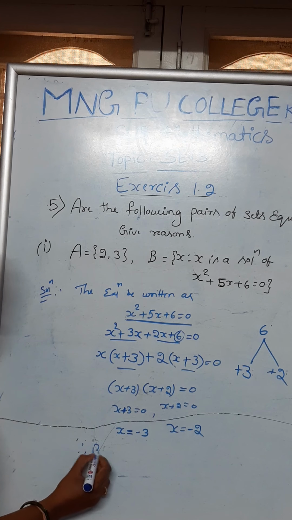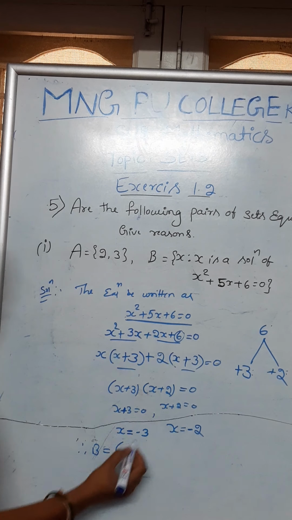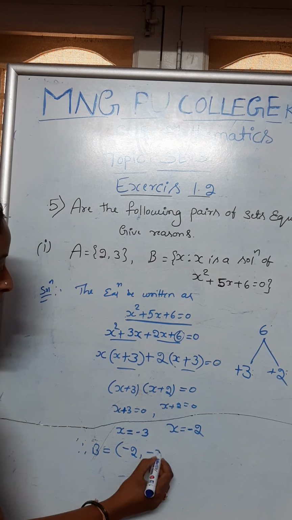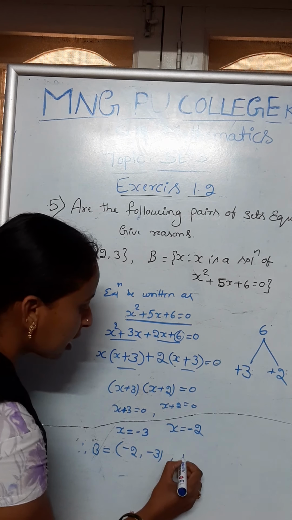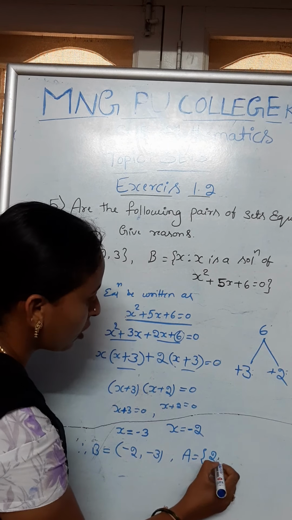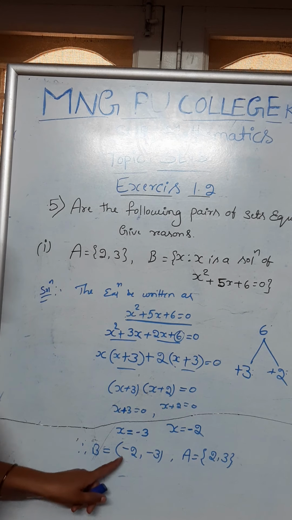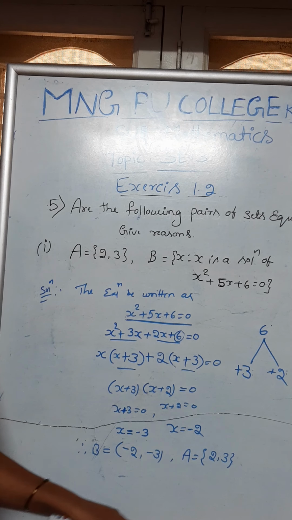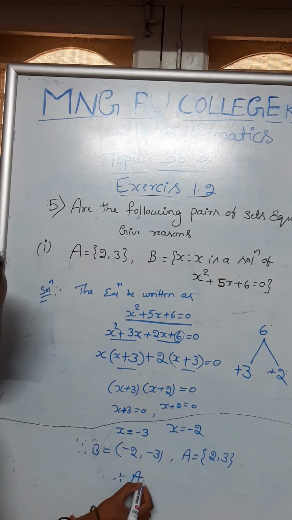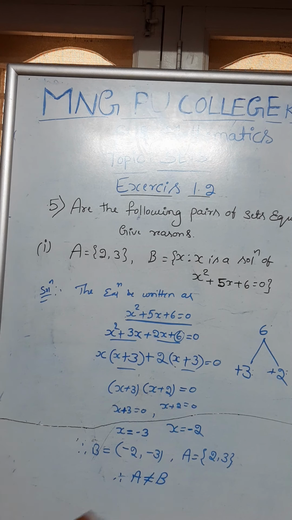Therefore set B equals minus 2, minus 3. And set A is 2, 3. Compare: here 2, 3 are the same numbers, but here they are negative and here positive. So both are different. Therefore set A is not equal to set B.